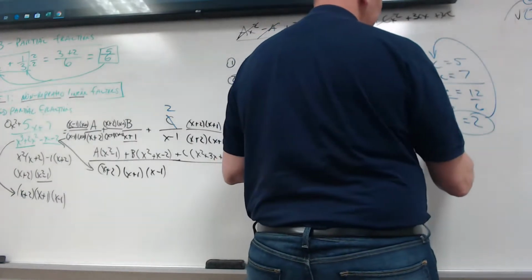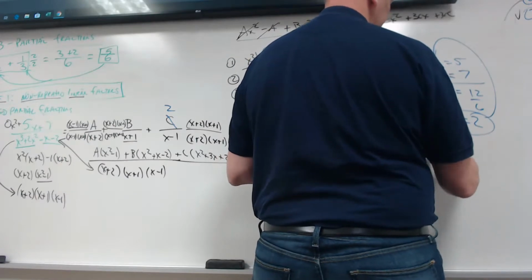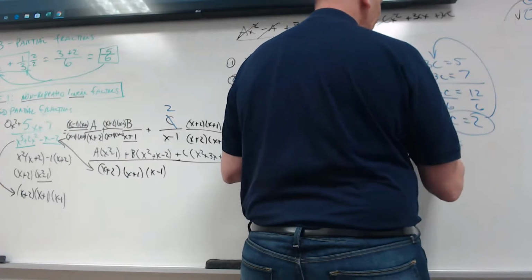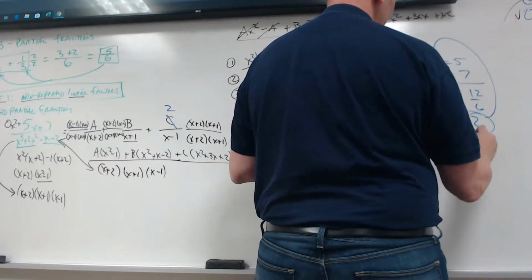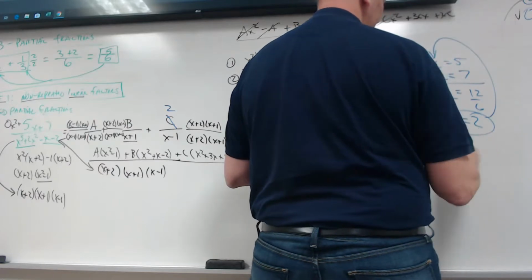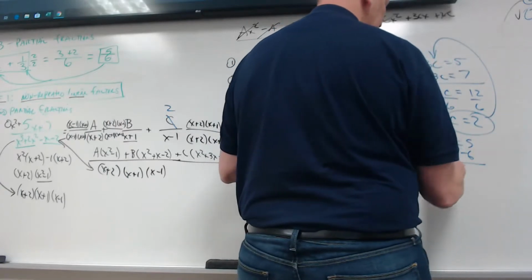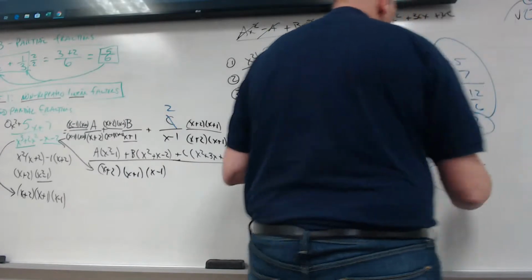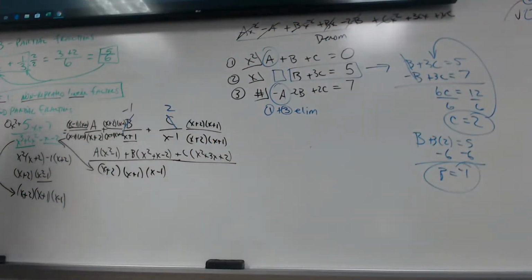So b plus 3 times 2 equals 5. Now I'm going to subtract 6, so b equals negative 1. Now that I know what b equals, I can cross that out with a negative 1.